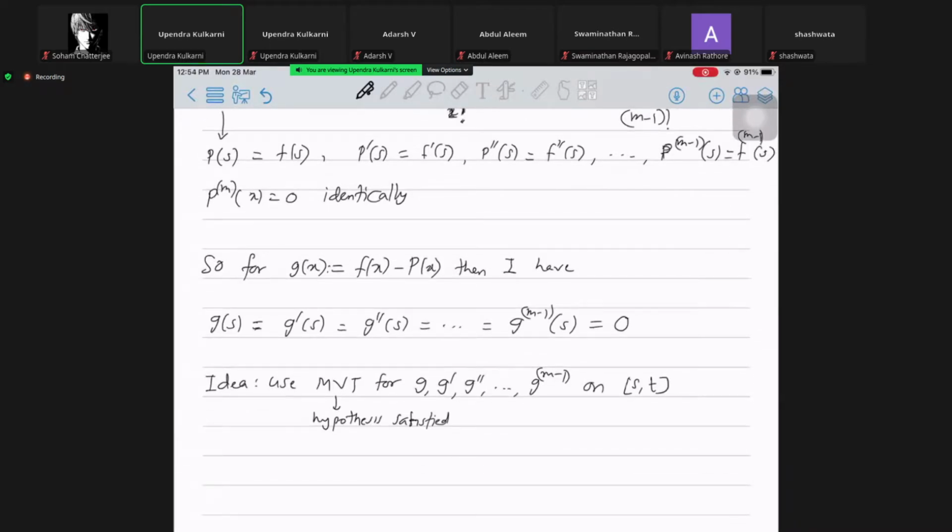Yes, you see, this is a bit after the fact, but let me still plow on and say what I want to say. If, and this is a very big if here, notice what happens. If g of t is equal to 0, then remember at s, the value, the derivative, all the way up to the m minus 1 derivatives, they're all 0.